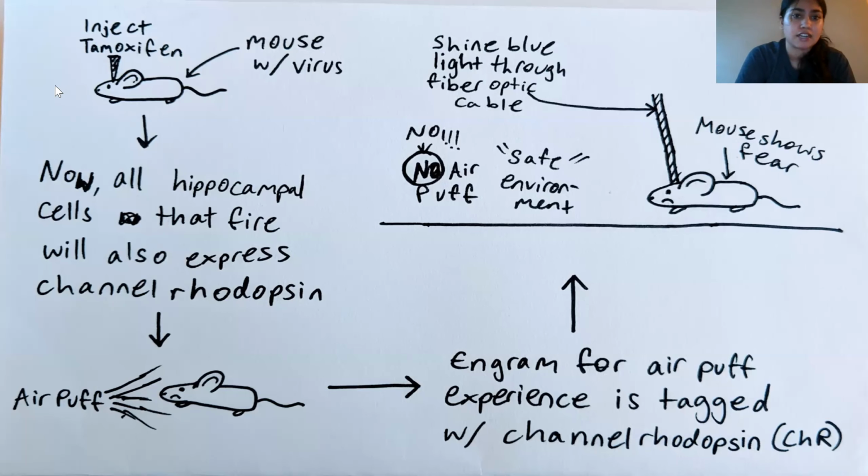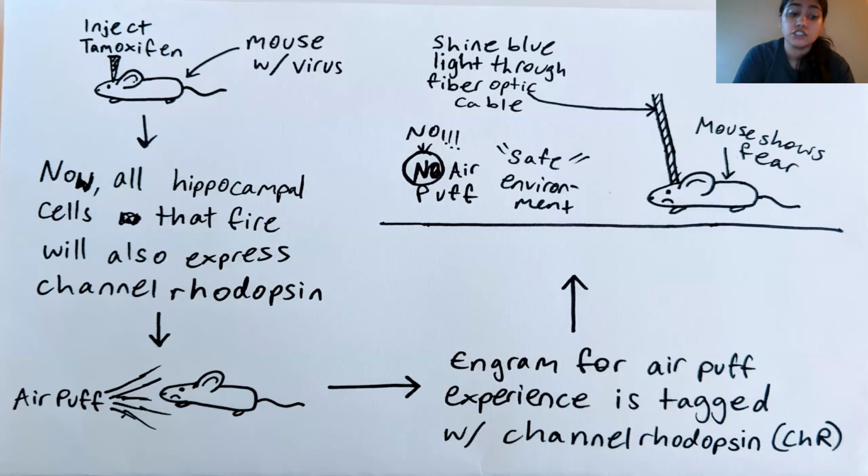They usually inject it, I think, with tamoxifen. And this mouse, again, has the virus in its hippocampus, so it's expressing this gene sequence. And so now you can put the mouse into a context where it gets some air puffs in its face, which mice don't really like. And you can do this until the tamoxifen wears off.